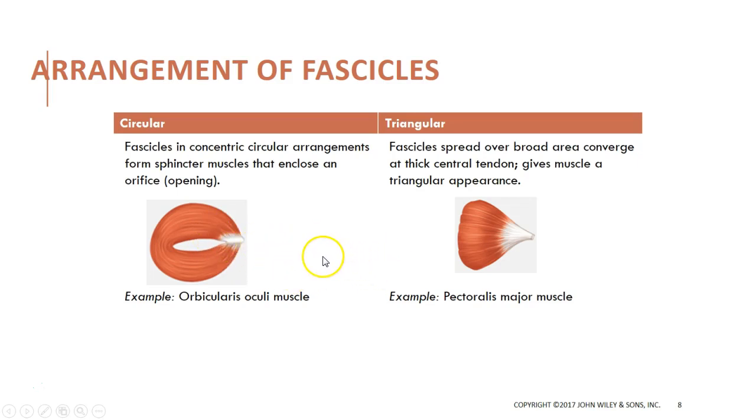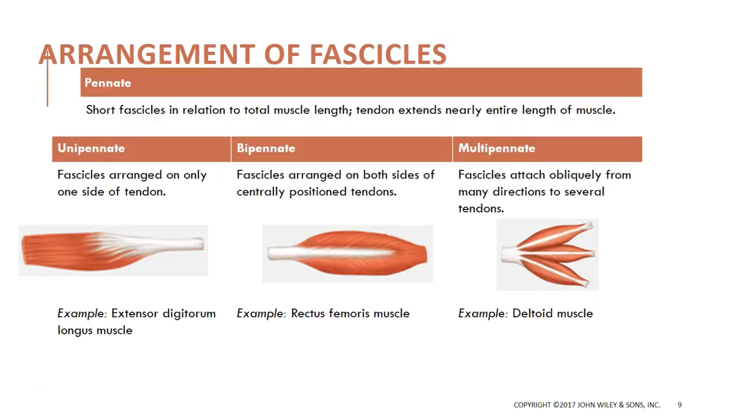We also have a fiber arrangement that is known as triangular. So the fascicles are spread over a very broad area, and then they converge here to create somewhat of a triangular appearance. This is what we have in the pectoralis major, the major muscle of the chest. And then we look at the pinnates, so short fascicles in relation to the total length of the muscle.